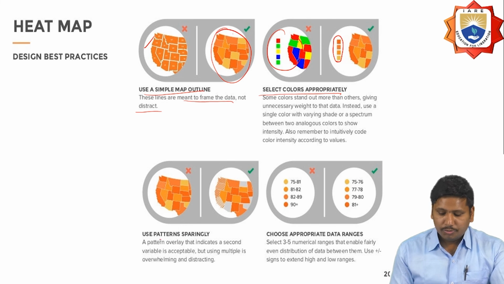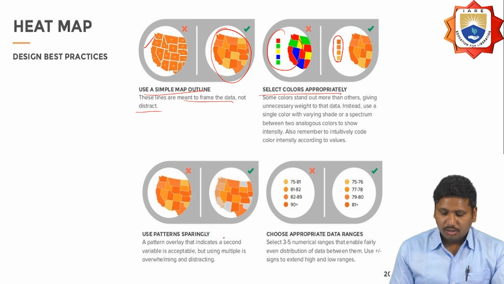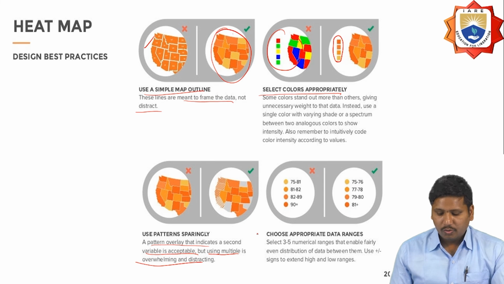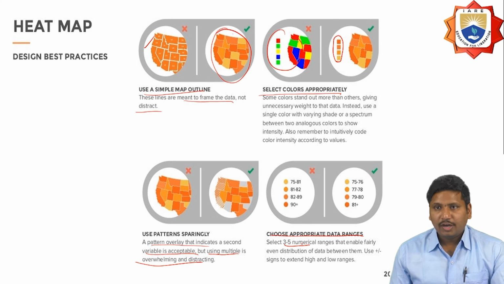Next, use patterns separately. A pattern overlay indicating a second variable is acceptable, but using multiple overlapping patterns is discouraged. And choose appropriate data ranges. Always use 3 to 5 numerical ranges only. Don't use more values than that.